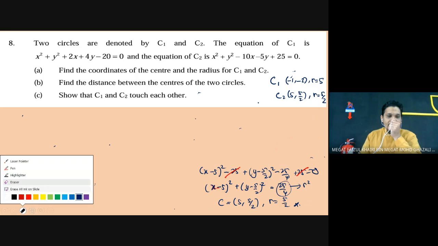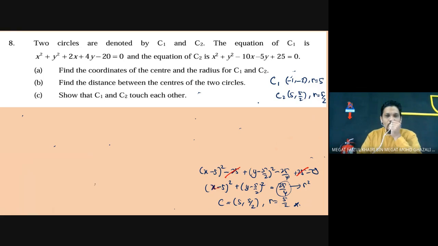Okay, so now the distance between the center of C1, which is (negative 1, negative 2), and the center of C2, which is (5, 5 over 2).